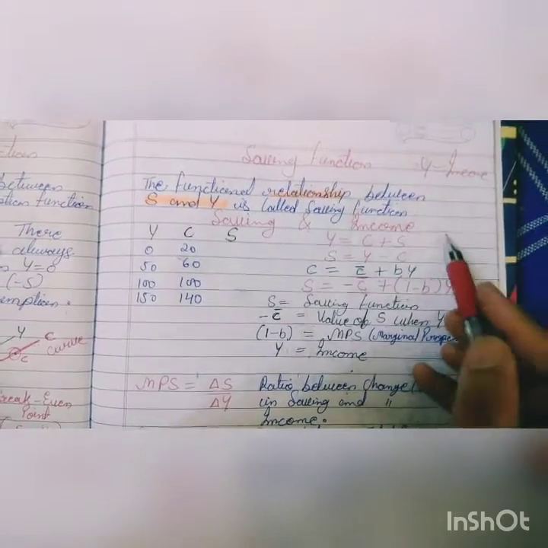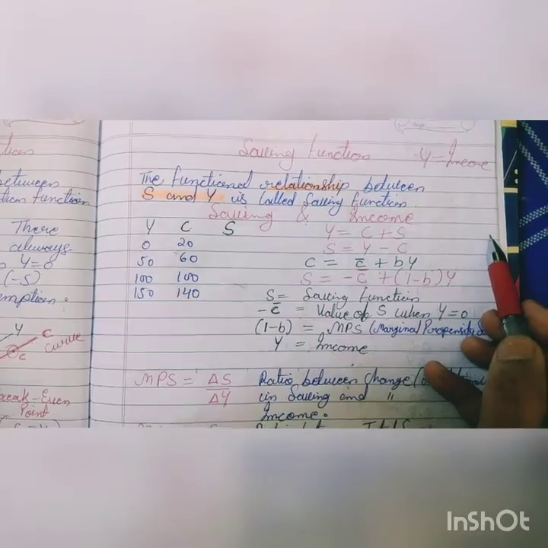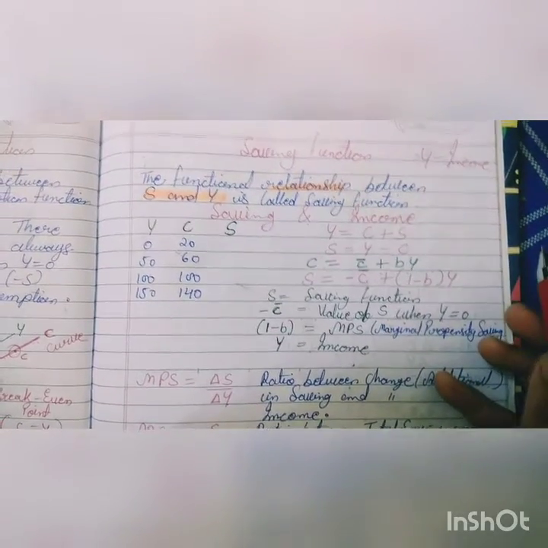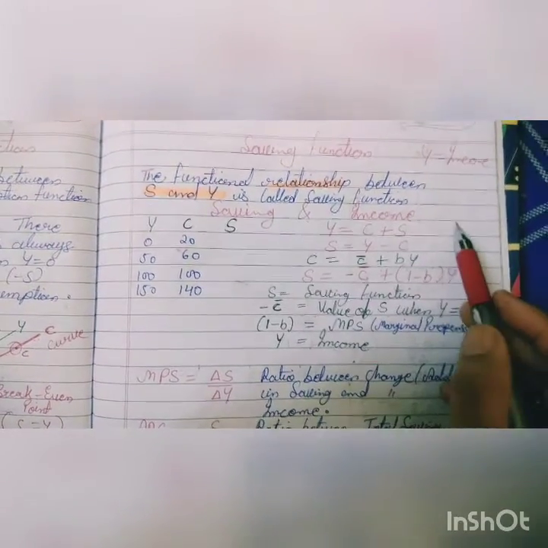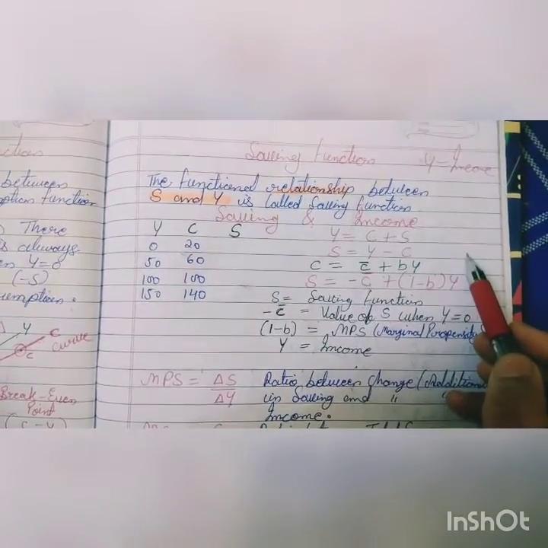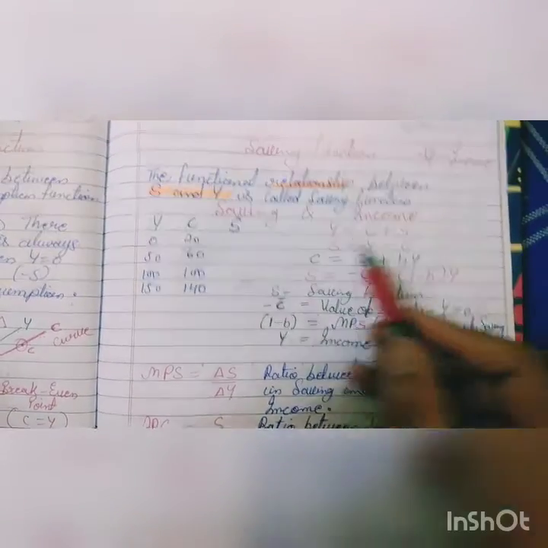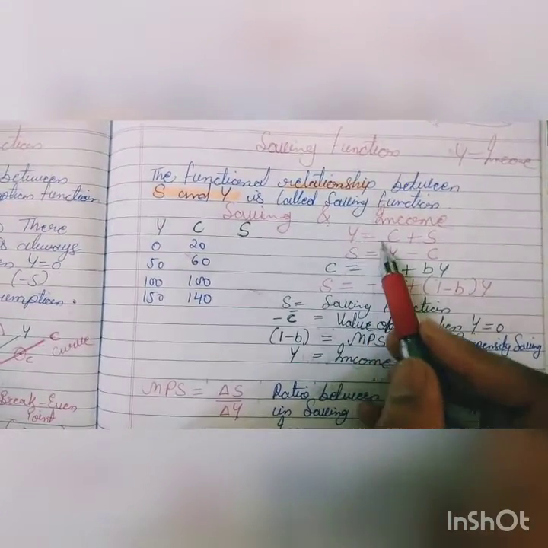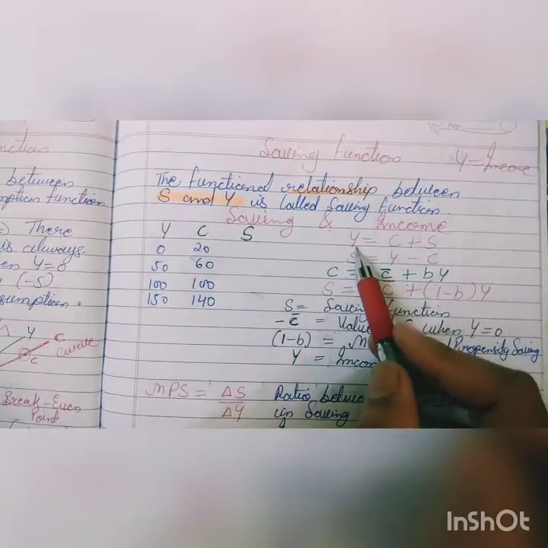If my income is 10, 6 I spend on consumption, and the rest, 10 minus 6, means 4 rupees I am saving in the bank. So 6 plus 4 is 10 total. 6 is the consumption value and 4 is the saving value. Like this example, income always equals C plus S. It means consumption plus saving equals Y.